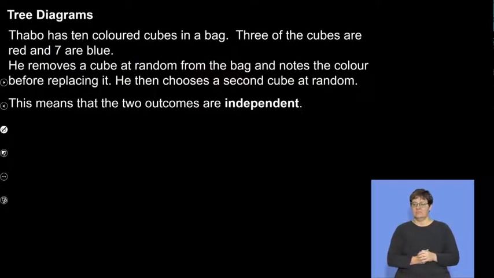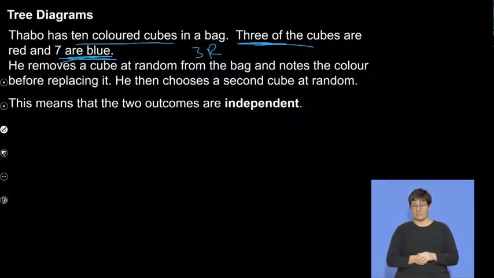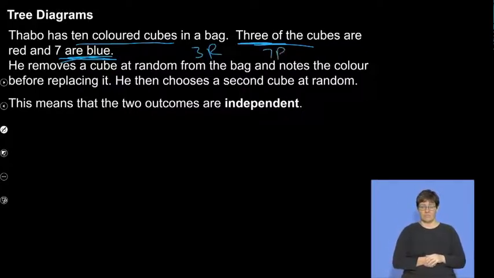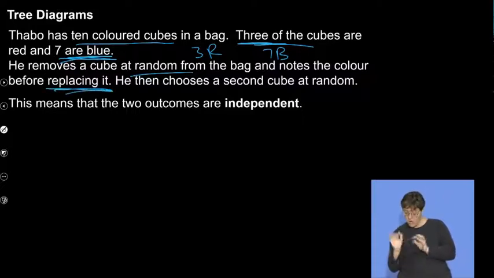So Tabo has 10 colored cubes in the bag. Very important, 3 of the cubes are red and 7 blue. So we have 3 for red and 7 for blue. He removes a cube at random from the bag, notes the color and replaces it. Very important, you replace.